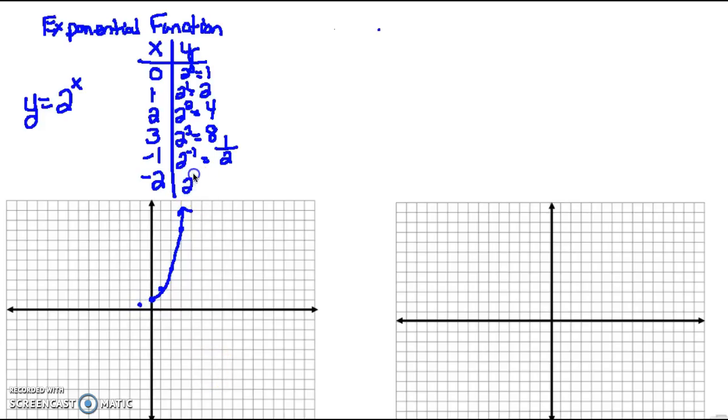And if I have 2 to the -2, still following our exponent rule, we go 1 over 2 squared, and that gives us 1/4.